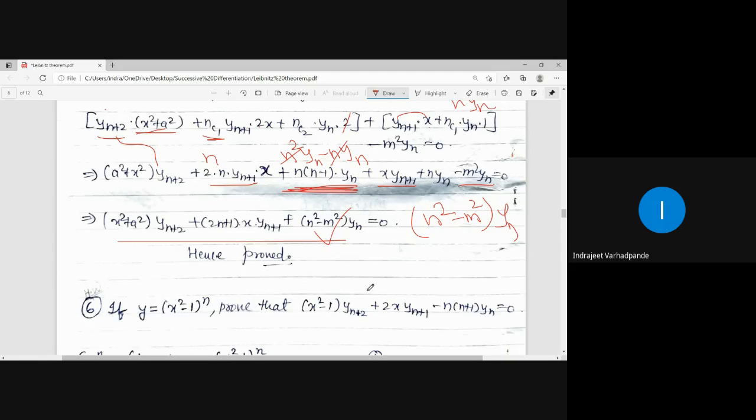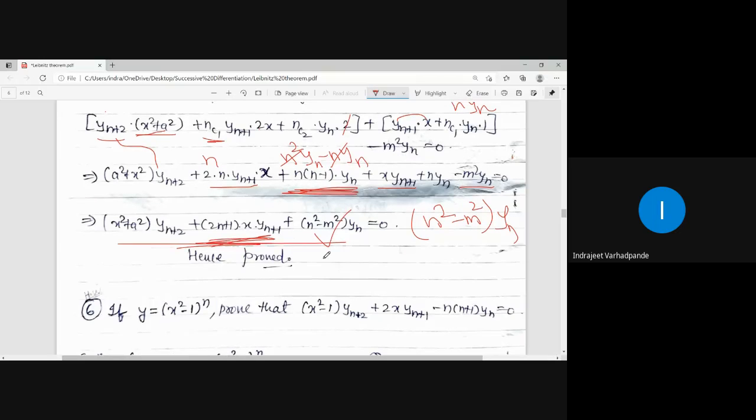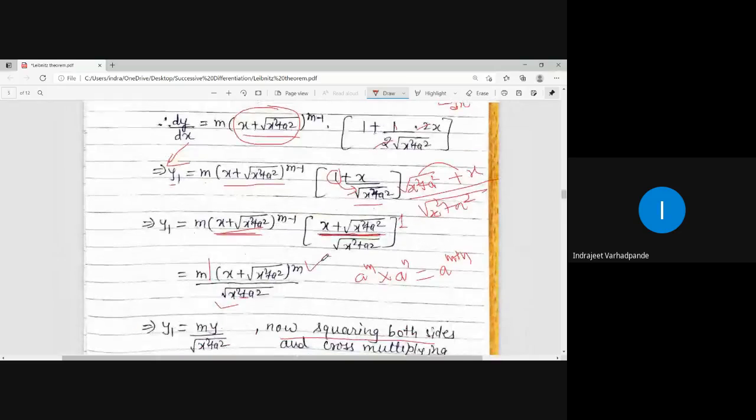Completed, everybody? Are you getting the given result after collecting the certain terms? See, this pattern of result is common in every solution if you observe minutely. The yn plus 2 term is independent and other terms are collected together. So it is n square minus m square only, or m square minus n square.